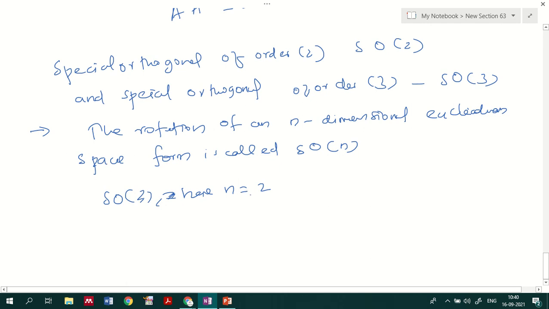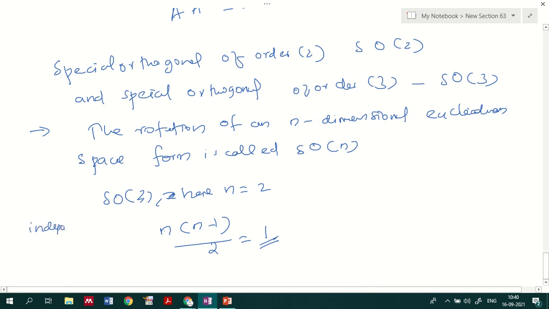The number of independent parameters we can calculate by taking n(n-1)/2. So that is 2(2-1)/2, which is equal to 1. So here the number of independent parameters will be just one.